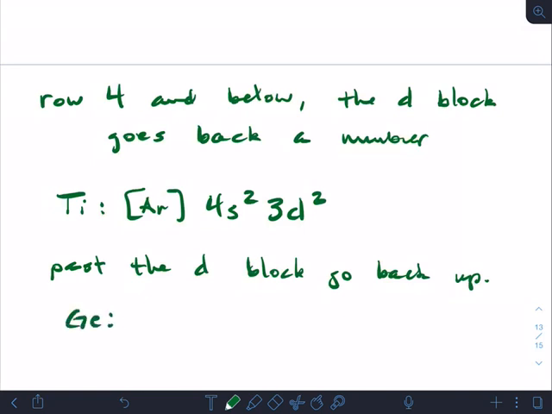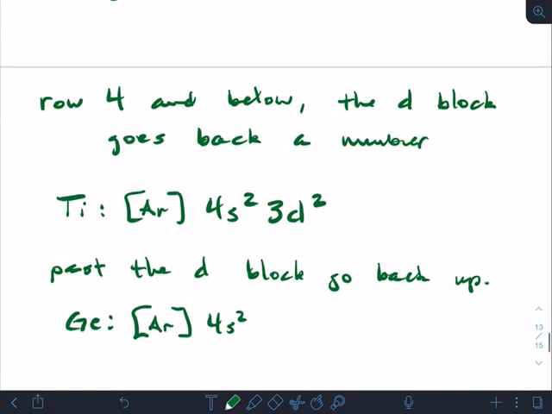Okay, so if I wanted to talk about, for example, germanium, right? Still using the noble gas configuration, I say argon, I say 4s2, and then the d's are 10 across, so 3d10, and then when I get just past the d block, I go back up to 4 and say 4p2.